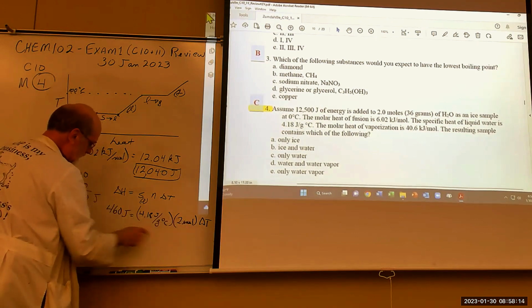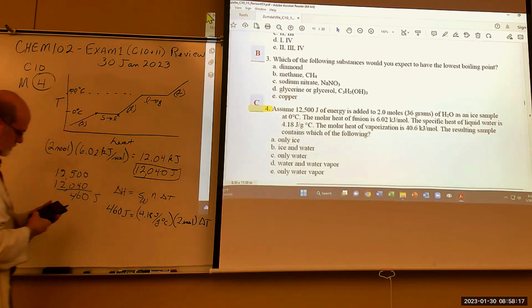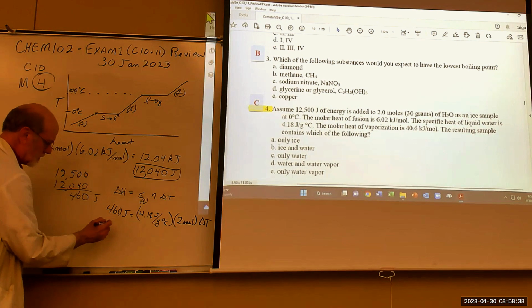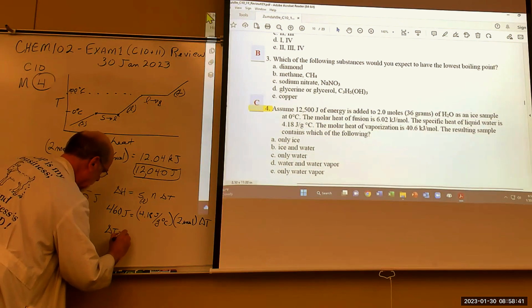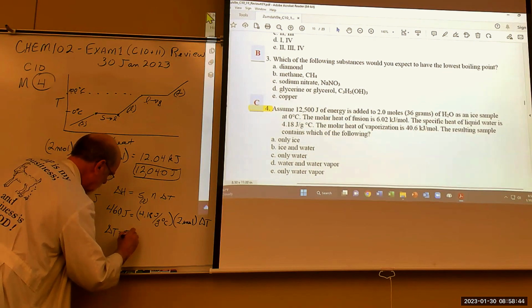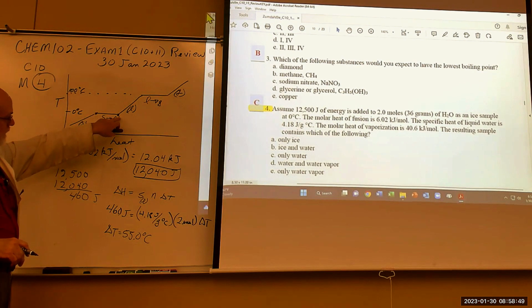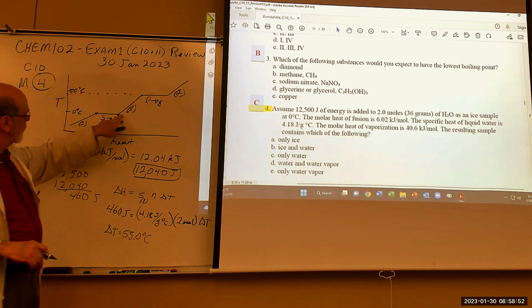So let's say delta T equals this one divided by that one divided by that one. Okay. 460, and then we're going to divide it by 4.18 and then divide it by 2. So I got 55.0 is delta T. 55.0 degrees C. So if we started at 0, because that's where we ended up here, we've only gone up 55 degrees.